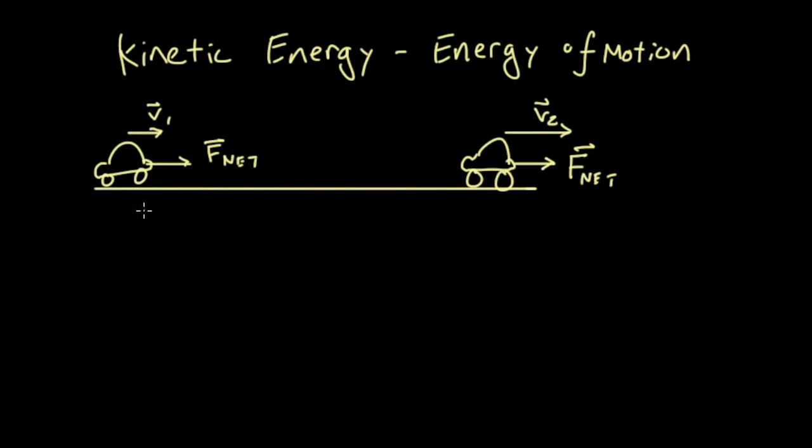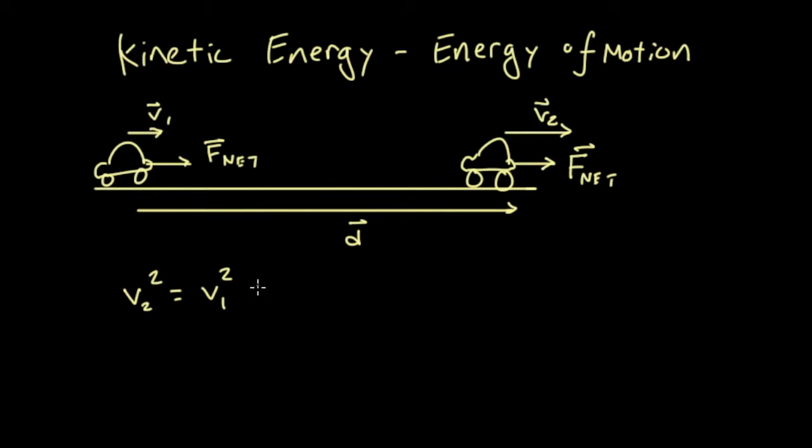And we will have some net displacement, d. If you recall, we have our formula of motion, v squared equals v1 squared plus 2ad, which we can rewrite as a equals v2 squared minus the initial velocity squared over 2d. Okay, so this describes our constant acceleration.